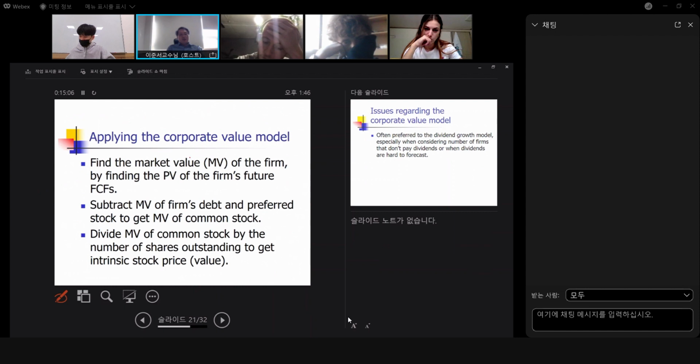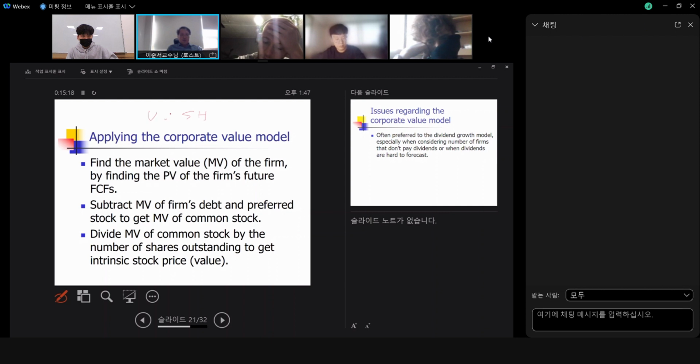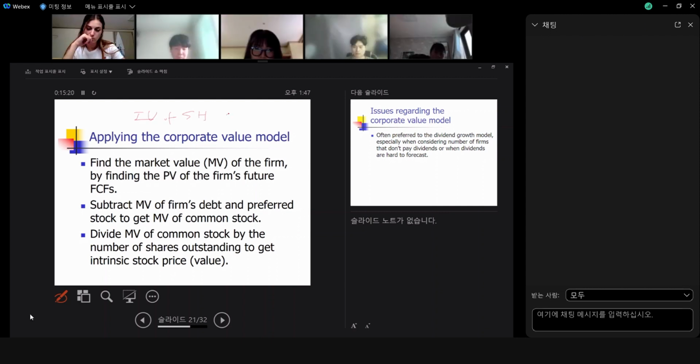So basically, in the corporate valuation model, what we try to find out is not the value of stockholders only, right? Not the intrinsic value of stockholders only. In the dividend discount model, we started to calculate the intrinsic value with just what? Dividend, right? Dividend is related only to shareholders.